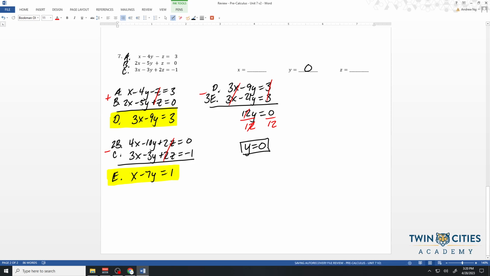Once you've solved for one of the variables here, you're going to go back to your highlighted equations. These are the ones that you found. And you're going to select one of them and plug in y equals 0. If I pick equation E, that means x minus 7y equals 1 will now be x minus 7 times 0 equals 1.